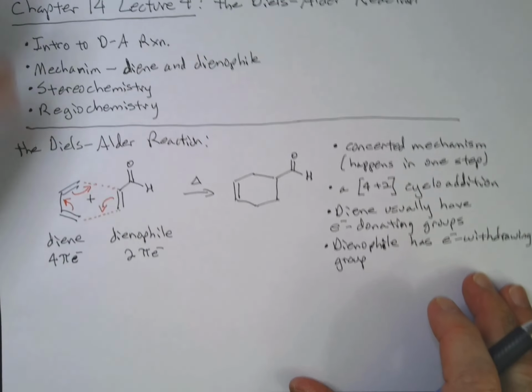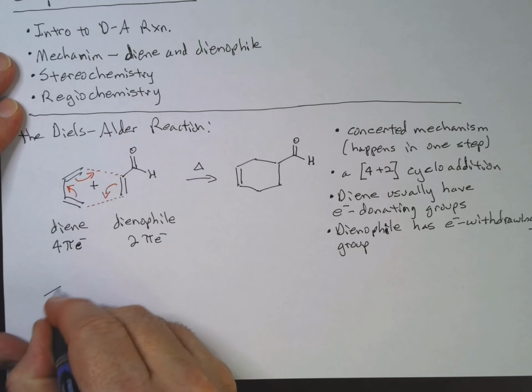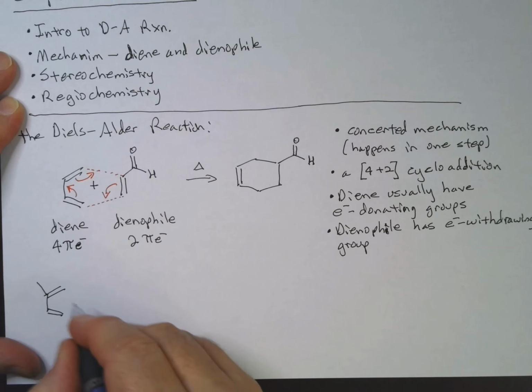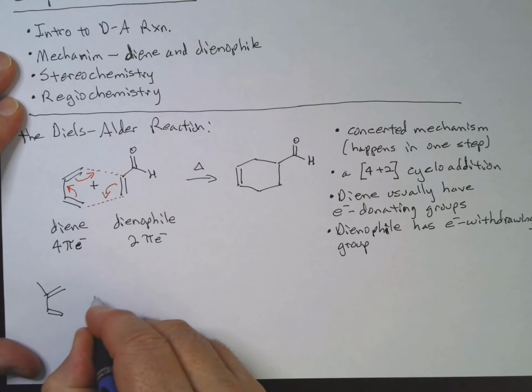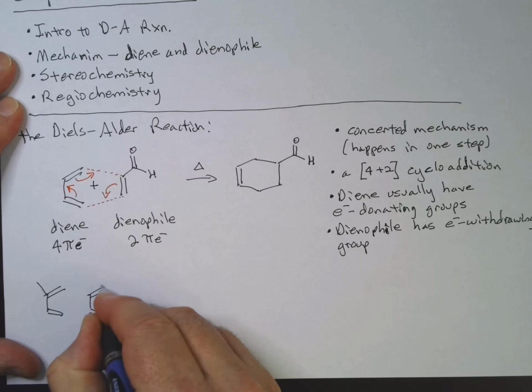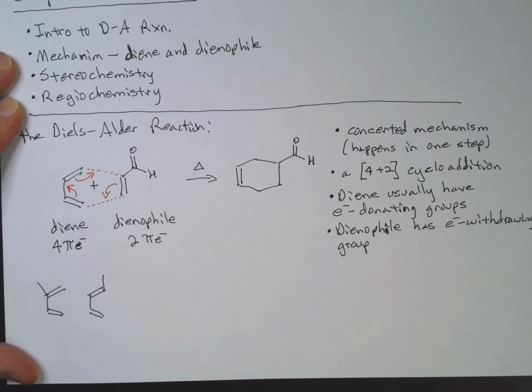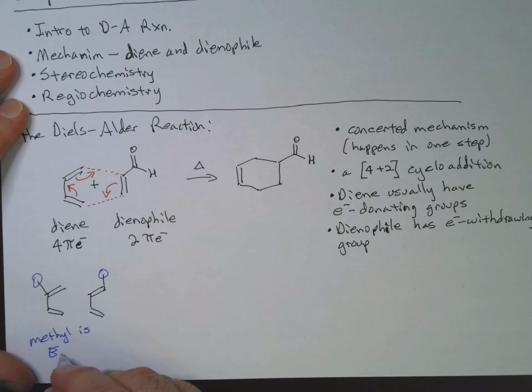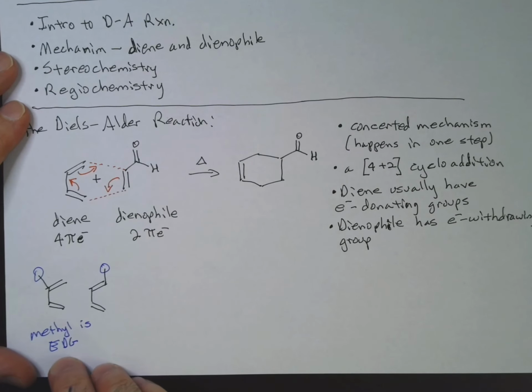Some examples: our methyl is an electron donating group, which I'll call EDG here.